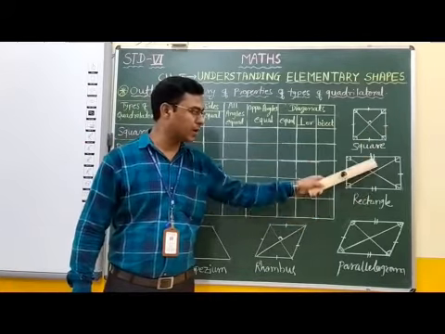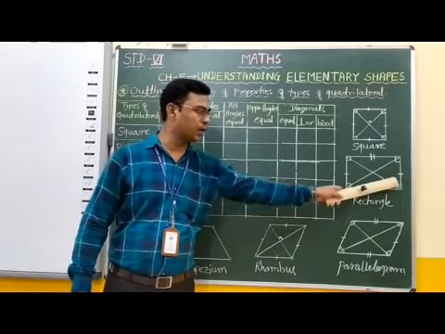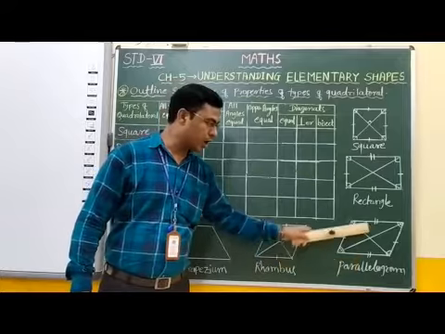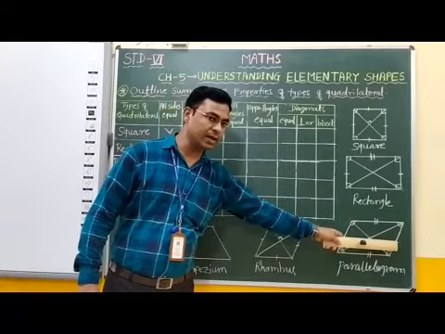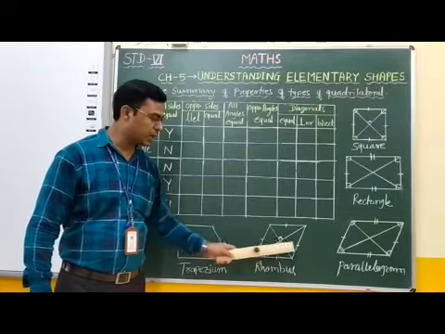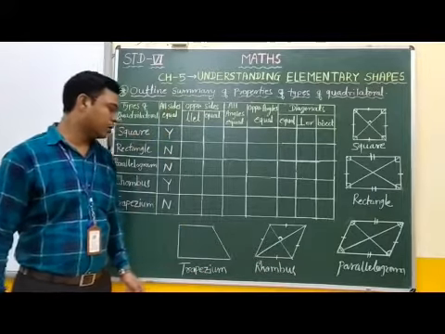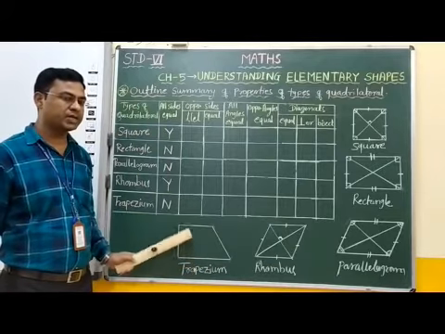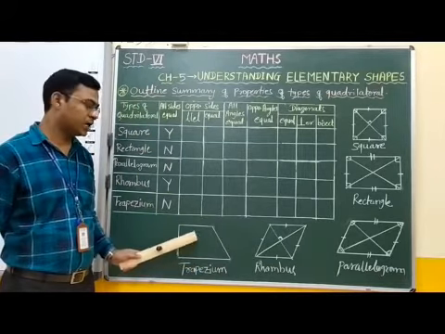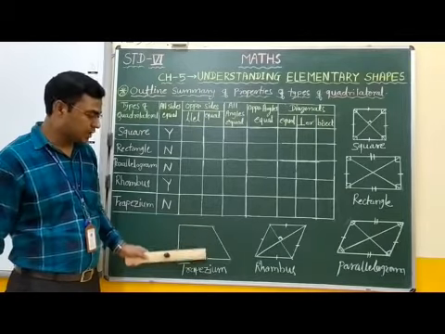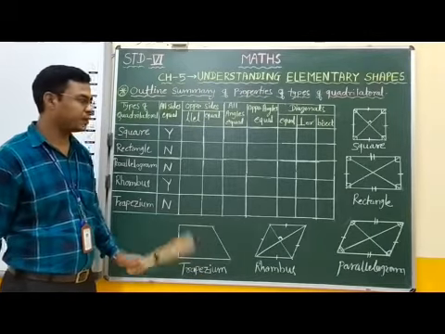In rectangle, opposite sides are equal and parallel. In parallelogram also, opposite sides are equal and parallel. In rhombus, opposite sides are equal and parallel. But in trapezium, opposite sides are not equal, but only one pair is parallel.